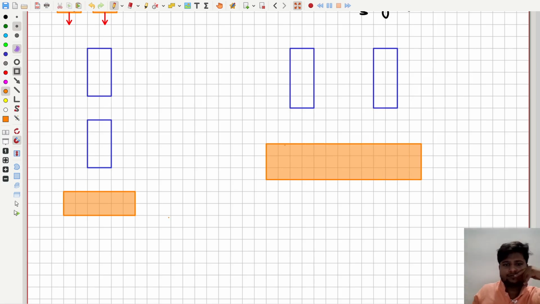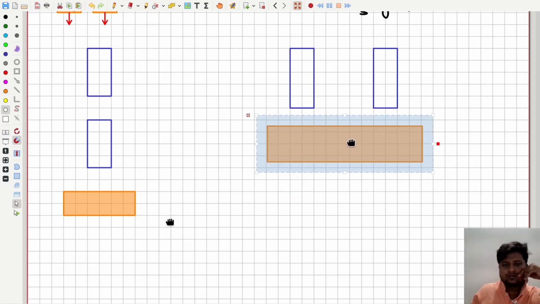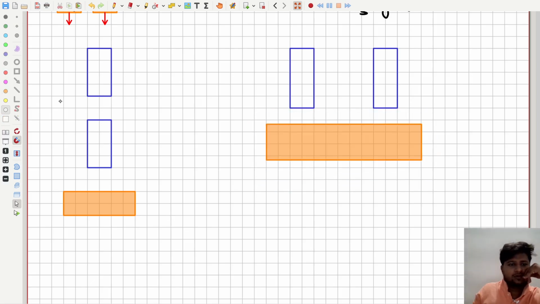Now look over here. See, first point. This is one scenario which is given. Okay, where two springs are connected.